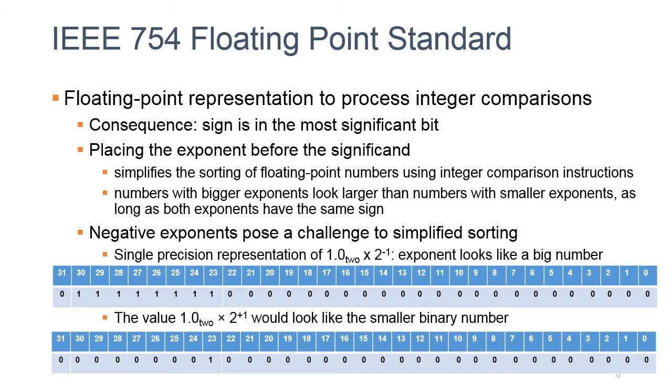IEEE 754 also wants floating point representations that could be easily processed by integer comparison, especially for sorting. This desire is why the sign is in the most significant bit, allowing a quick test for less than, greater than, or equal to 0.